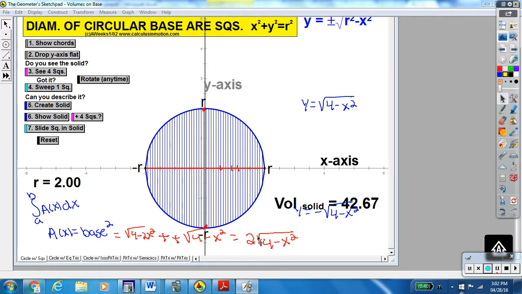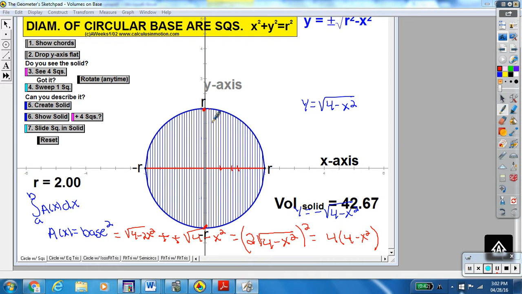And that is going to be just the distance from here to here. So that would have been the base from the top to the bottom. But remember, we don't just need the base, we need the base squared. So we're actually going to square this, and we're going to get 4 times, the square root goes away, so 4 minus x squared. So the 2 became 4 and the square root went away. This is our area function.